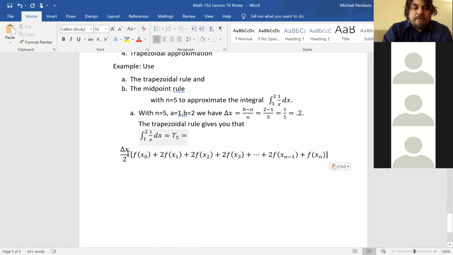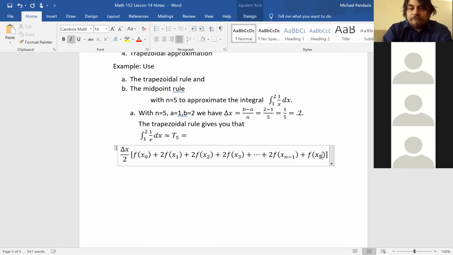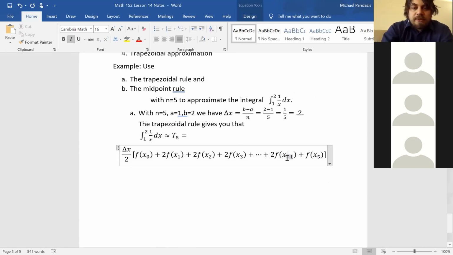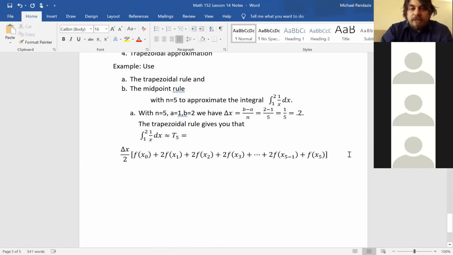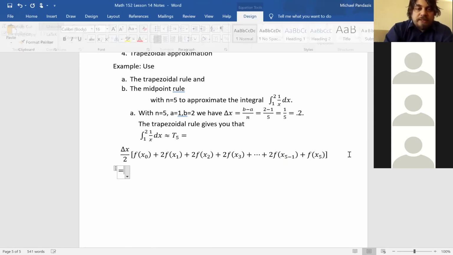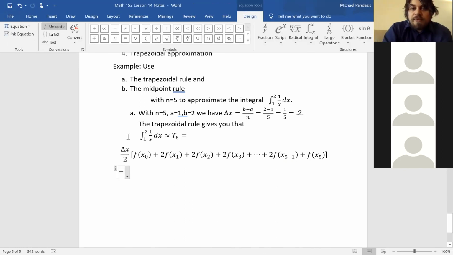T sub 5 is equal to delta x over 2, where n is 5. I'll write it directly so you can see where I'm getting this from the formula. So delta x is 0.2, you have 0.2 over 2 times the bracket, f of x naught, and so on. You just need to plug in these values.